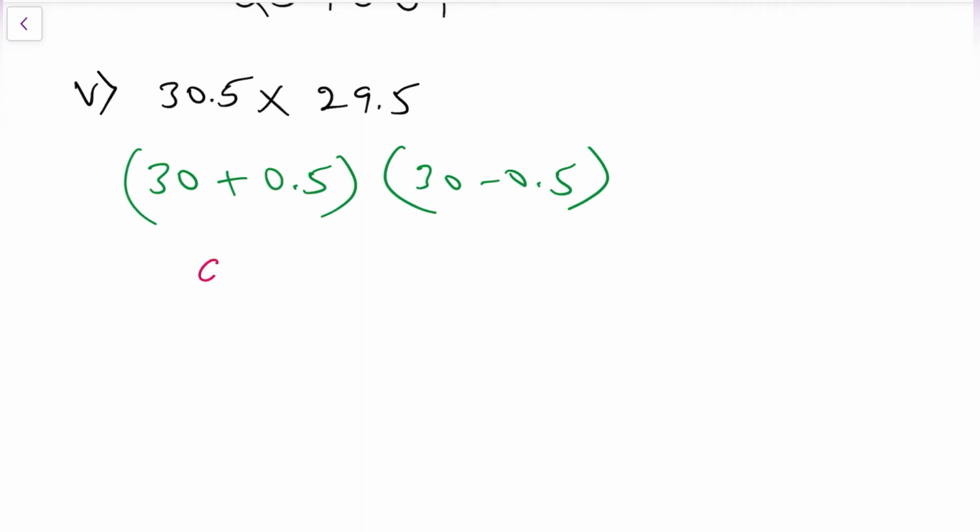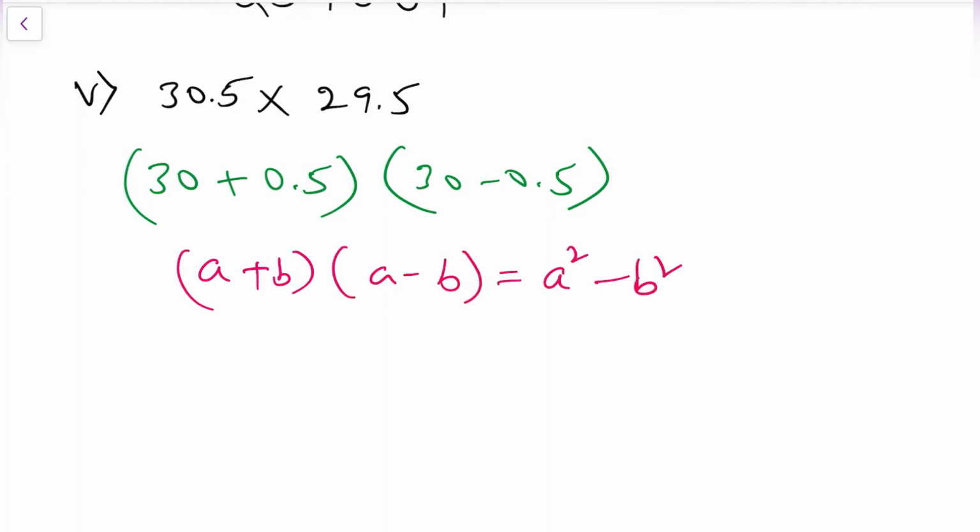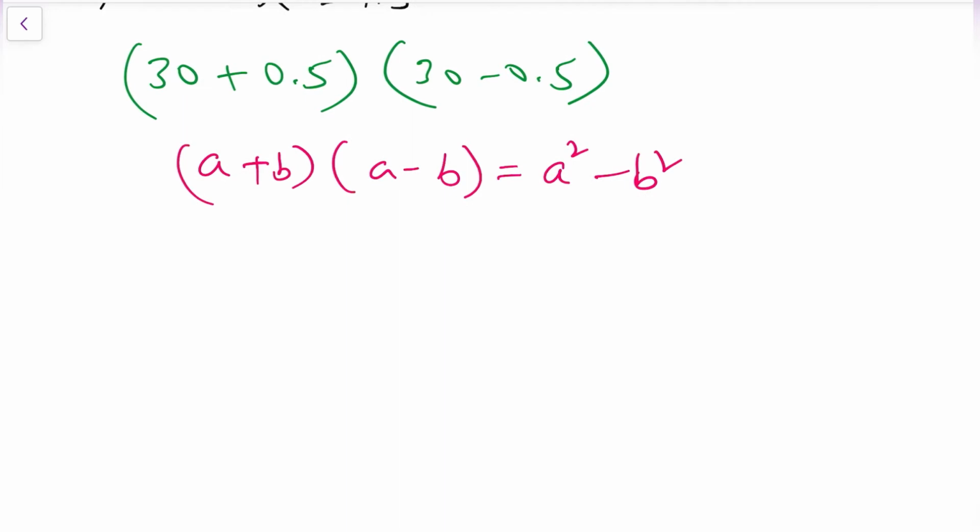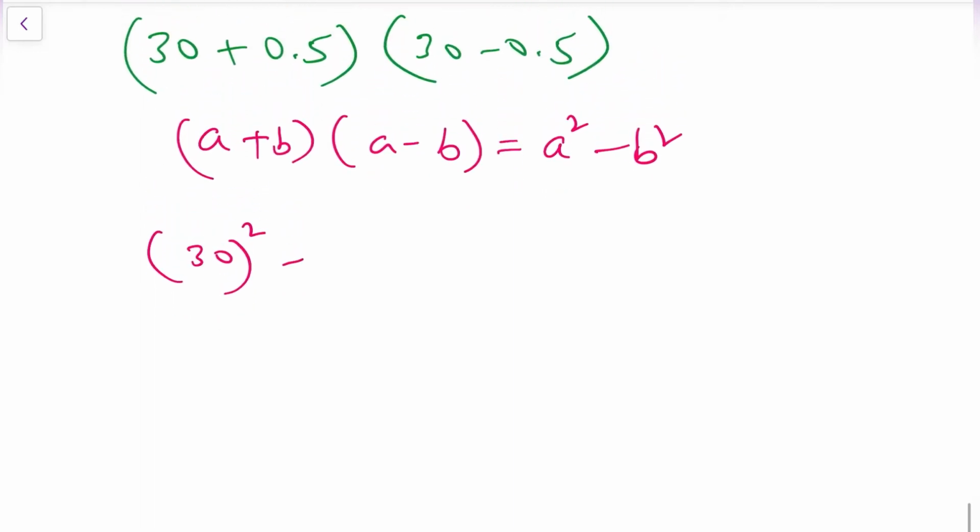So a plus b into a minus b is nothing but a square minus b square. So 30 plus 0.5 into 30 minus 0.5 can be written as 30 square minus 0.5 square. Thirty square is nothing but 900, minus 0.5 square, 0.25.